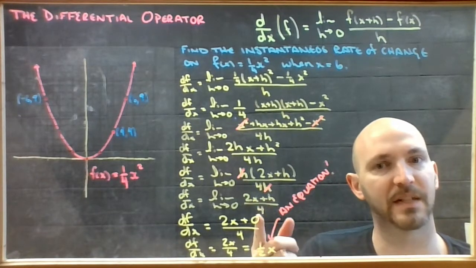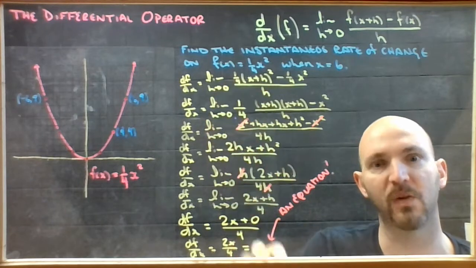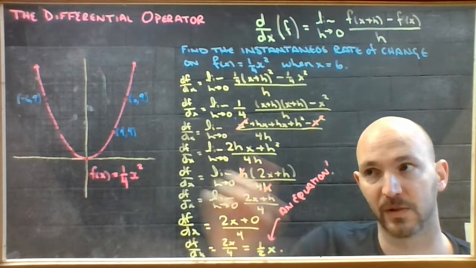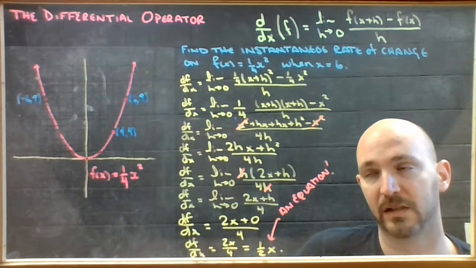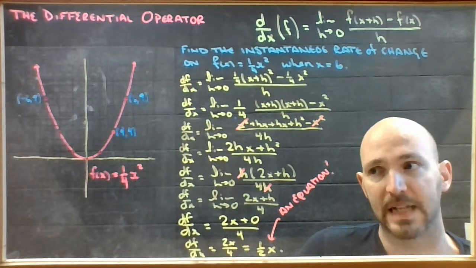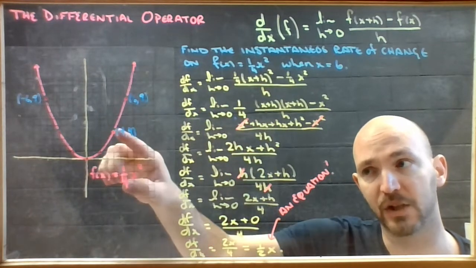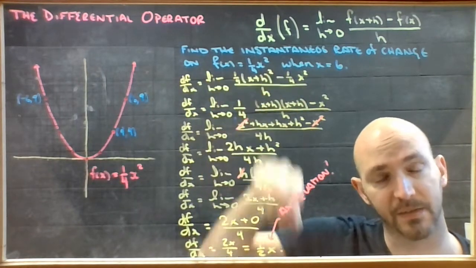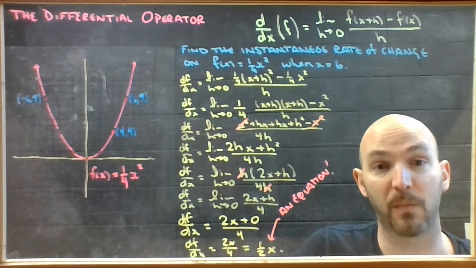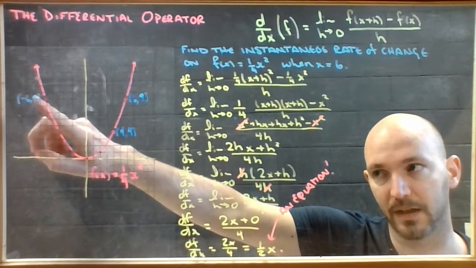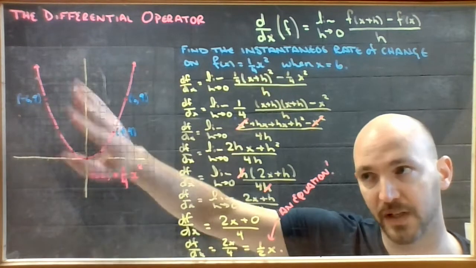Well, just a minute ago, I had to do this whole process using a 6 for x. So that would get me the slope here. But what if you wanted it at 4? Well, you would have had to do this whole process again using 4 as your x value instead of 6. And what if I wanted it at -6? Well, I would have had to put -6 in as my number and done it again.